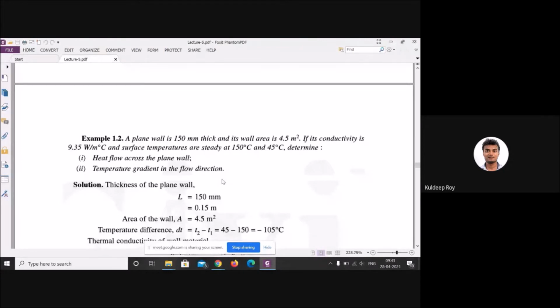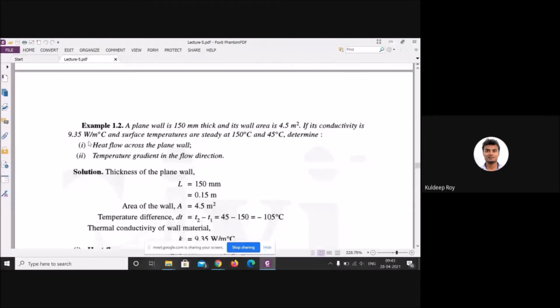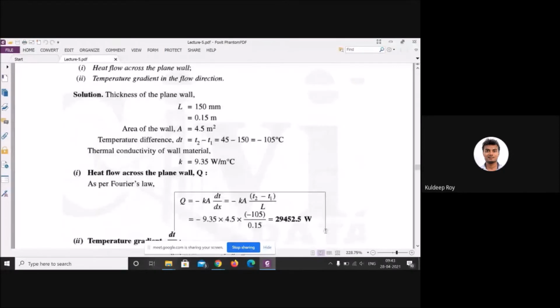Just apply Fourier's law of heat conduction. This is a very simple problem. Q equal to minus KA del T by del X. Delta T will be 105, which you have already calculated.